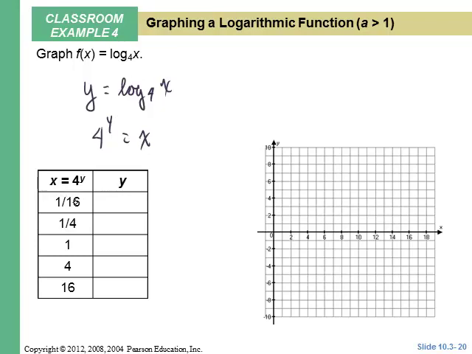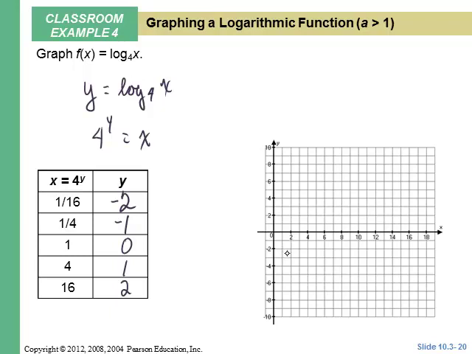So if x is 1/16, that's 4 to the -2. If x is 1/4, that's 4 to the -1. If x is 1, that's 4 to the 0th. If x is 4, that's 4 to the 1st. And if x is 16, that's 4 to the 2nd.